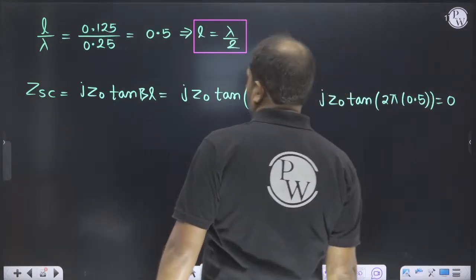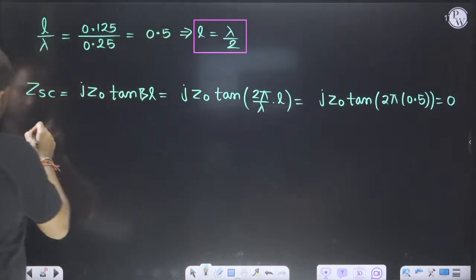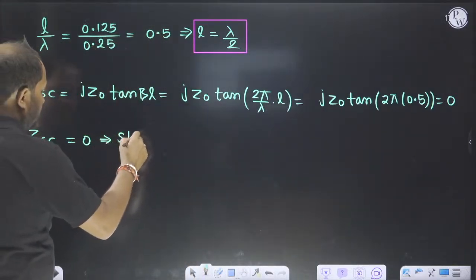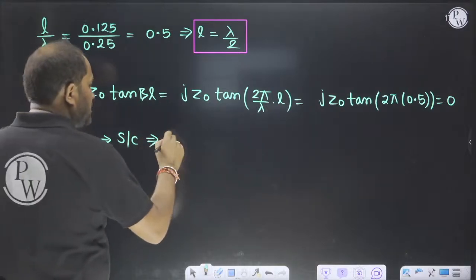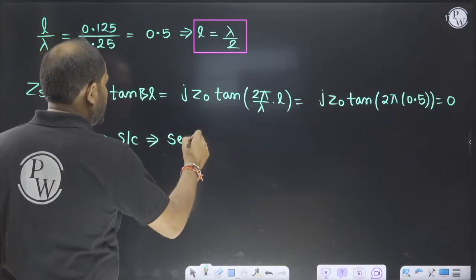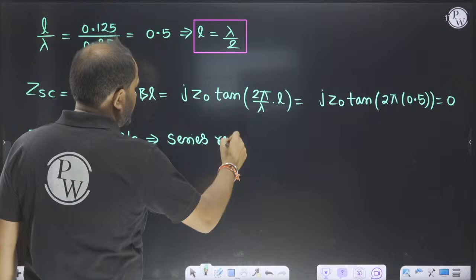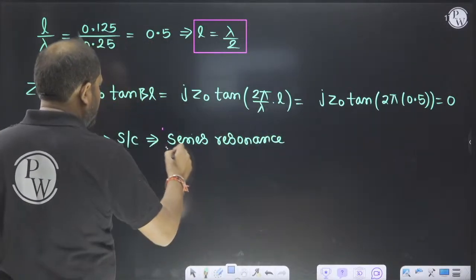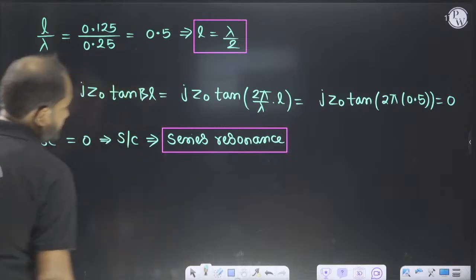Tan pi is 0, so ZSC is equal to 0. That means short circuit, that means series resonance. So we have found which type of resonance it is: series resonance.